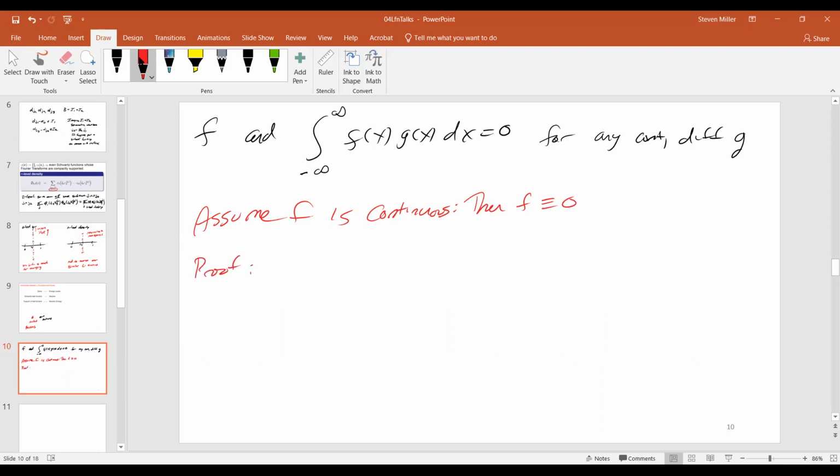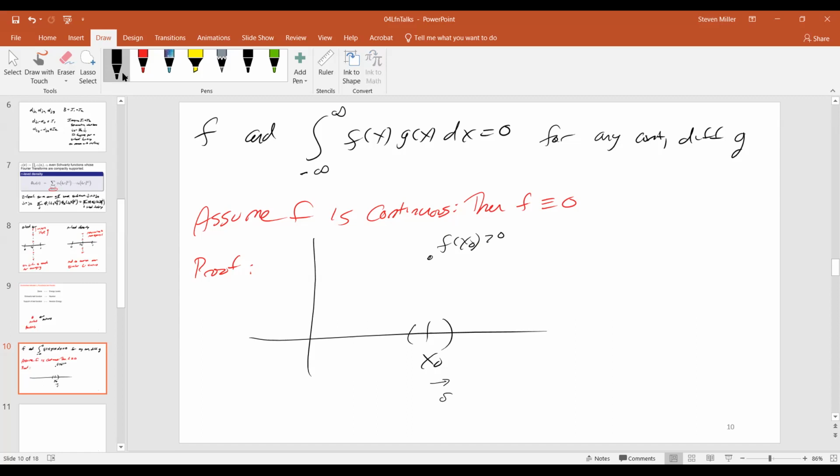And the proof is actually not too bad. Imagine not, so that there's some point where, without loss of generality, f(x_0) is greater than 0. Then I can find some small delta such that in that region I'm within epsilon.